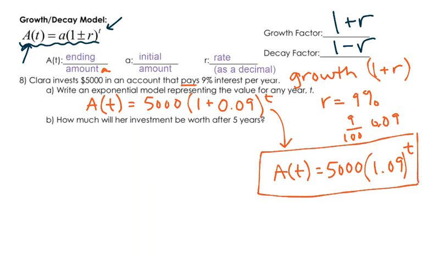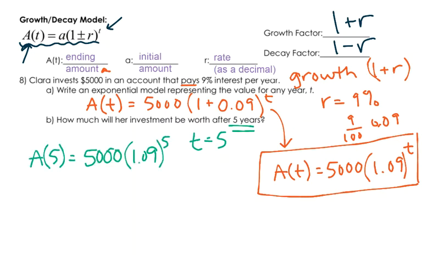The next part is asking how much will her investment be worth after 5 years. So t here is 5. So all I'm going to do is plug in 5 where t was. And I've got to, at this point, get a calculator. So please maybe take a minute, hit pause, grab a calculator, plug it in, make sure that you can really get this to work. These ones aren't too bad.